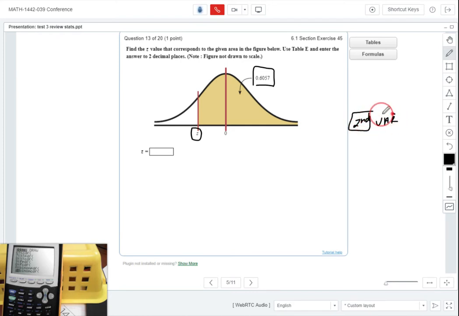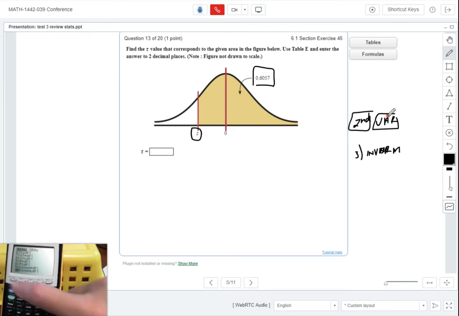Type in the second vars button. And we're going to go to second vars number 3, inverse norm.